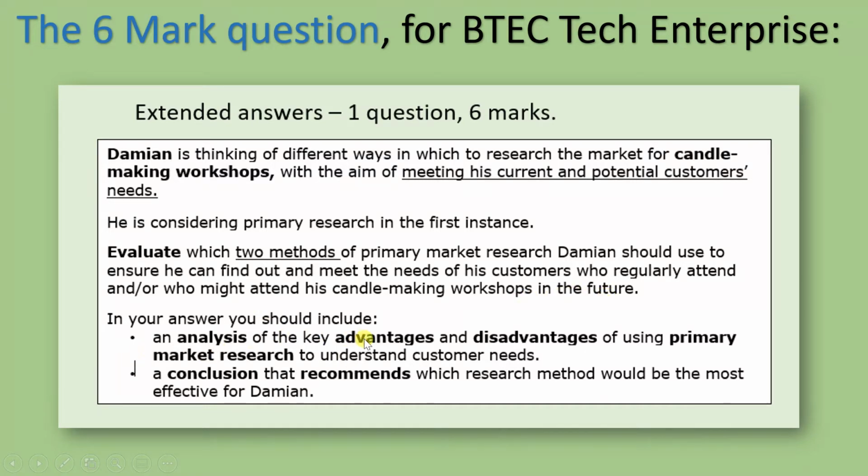In your answer, you should include an analysis of the key advantages and disadvantages of using primary market research to understand customer needs, a conclusion that recommends which research method would be the most effective for Damien.